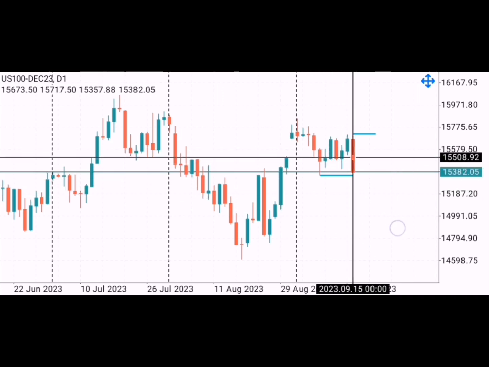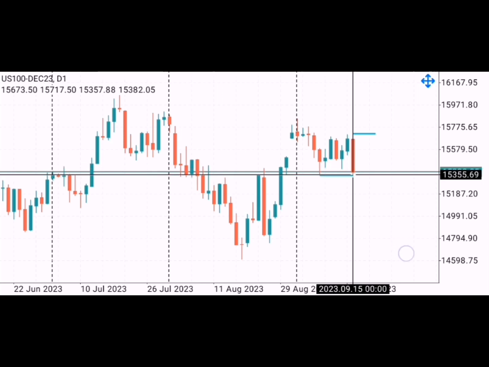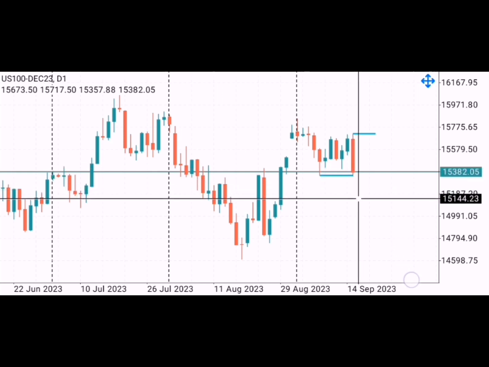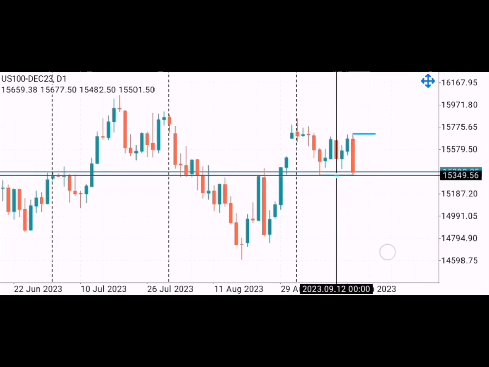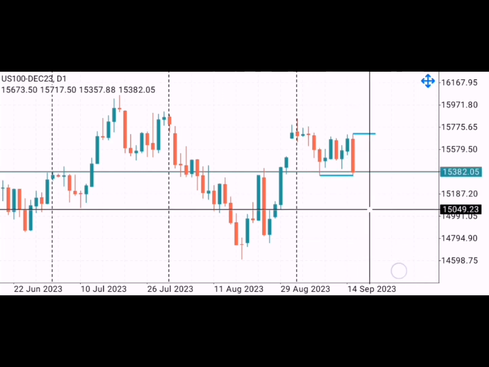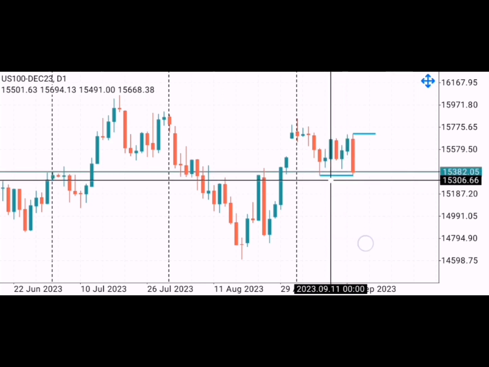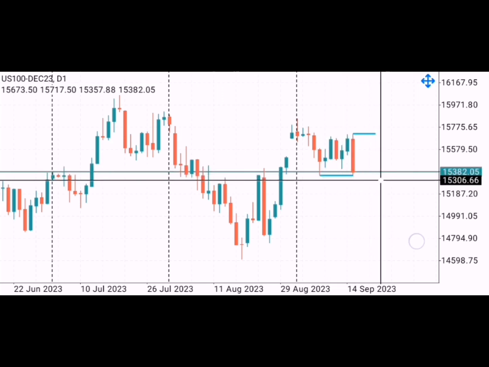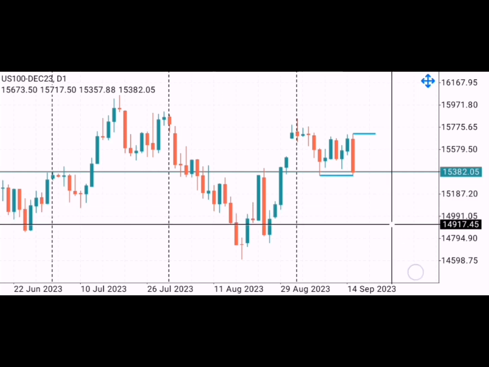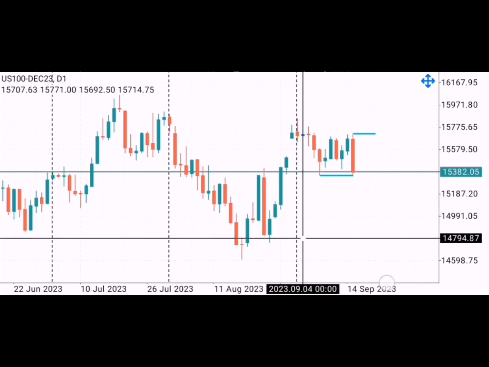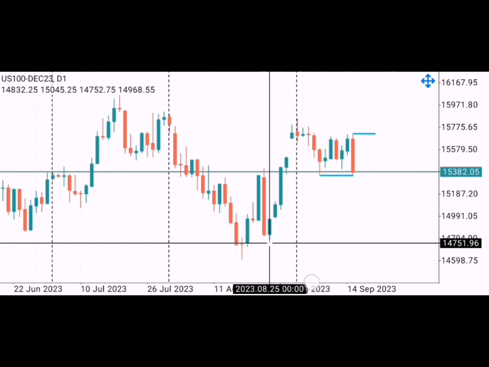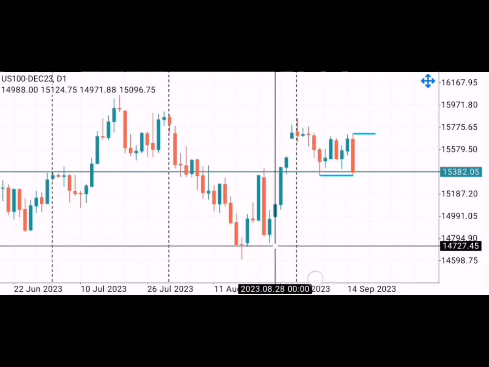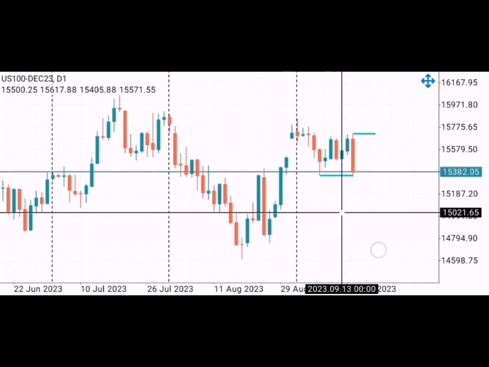Most likely we are going to see a continuation to the downside, and then from there potentially price will begin to trade to the upside again and trade into these lows over here, and then from there we might see price crash to the downside, trading into these levels, these lows over here.